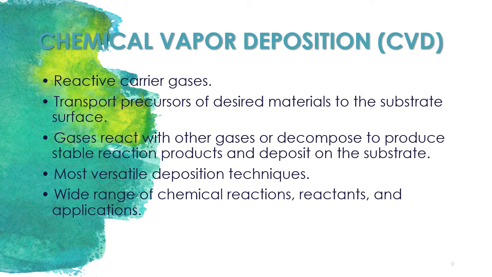The gases will react with other gases or decompose to produce a stable reaction product, and after the reaction it will deposit on the substrate. It is the most versatile deposition technique because it involves a wide range of chemical reactions and reactants, and it can be used for many applications.